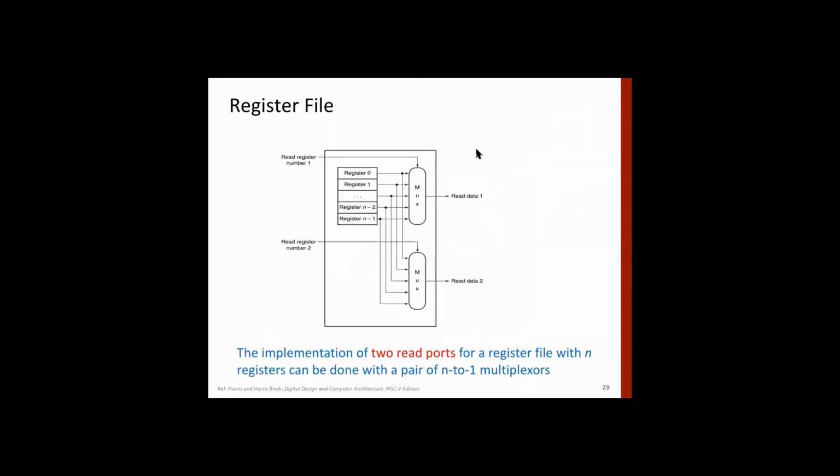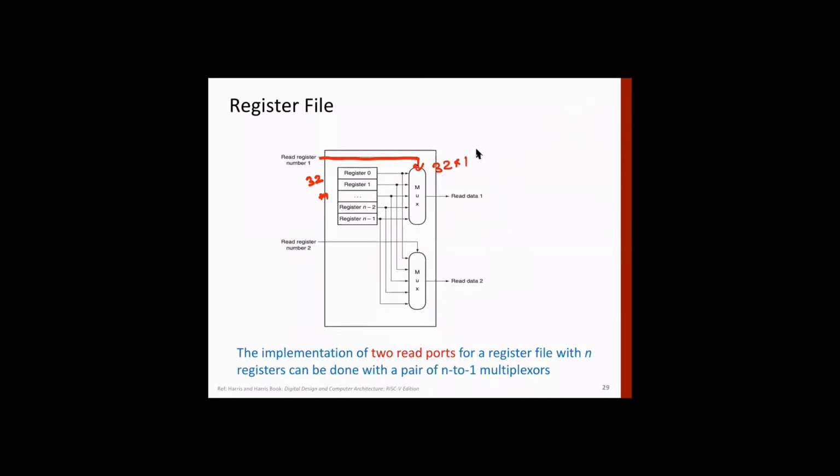It's a very simple design: you can have outputs available from all registers, and then register number 1 goes to a mux, which is an n-to-1 mux when n is the number of registers. So if you have 32 registers, this will be a 32-to-1 mux.